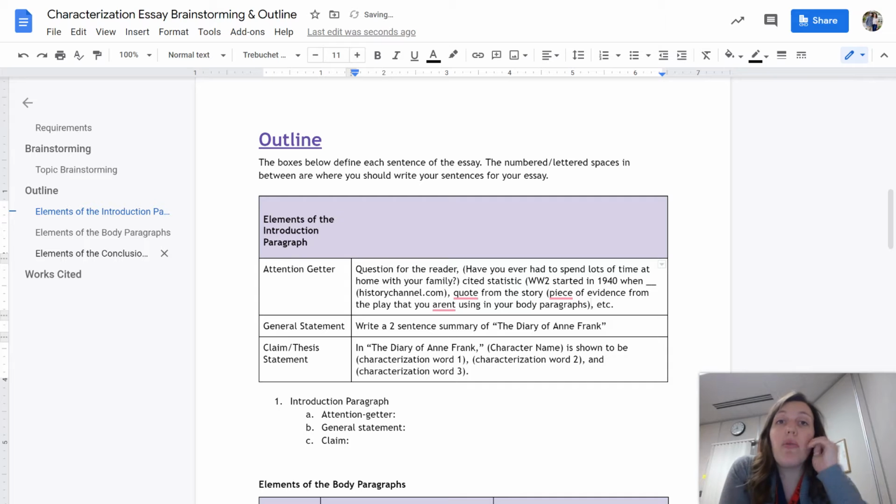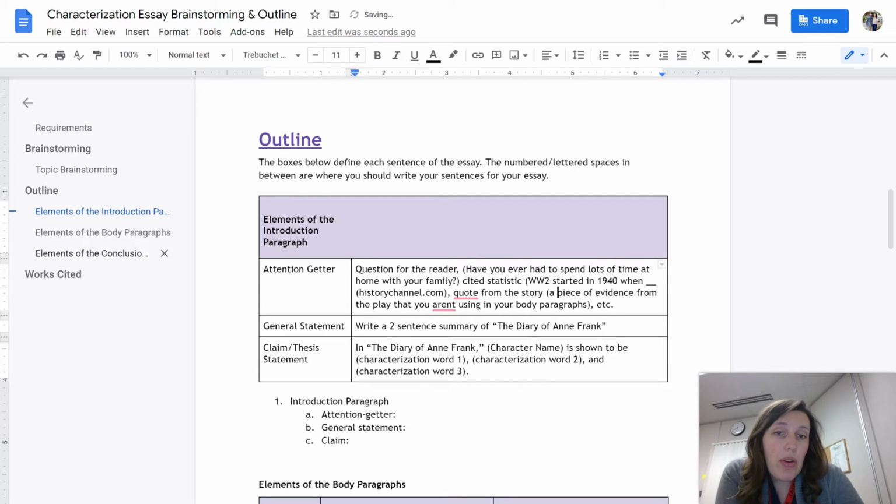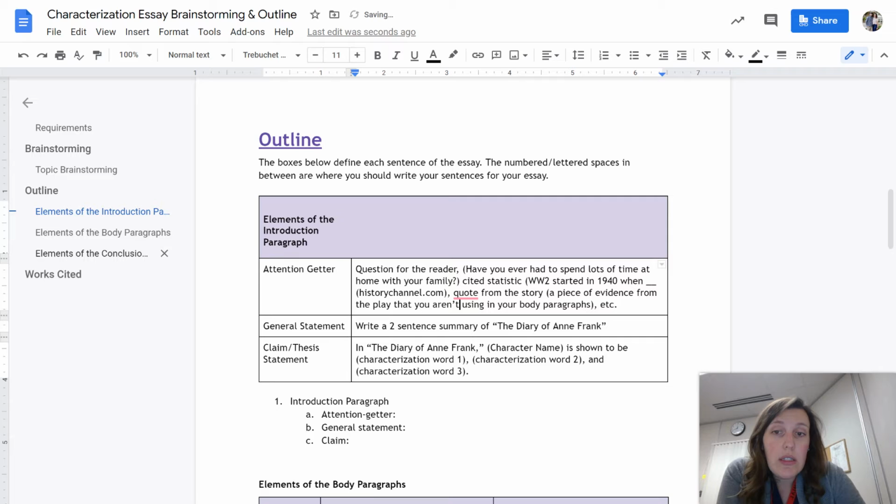Remember, you found a bunch of evidence when you completed the assessments. You found more evidence than you needed. So you only need three, one for each body paragraph. If you have another piece of evidence that you like, you could always use it here and then talk about it later. So that's your attention getter. If you need help with ideas, let me know.